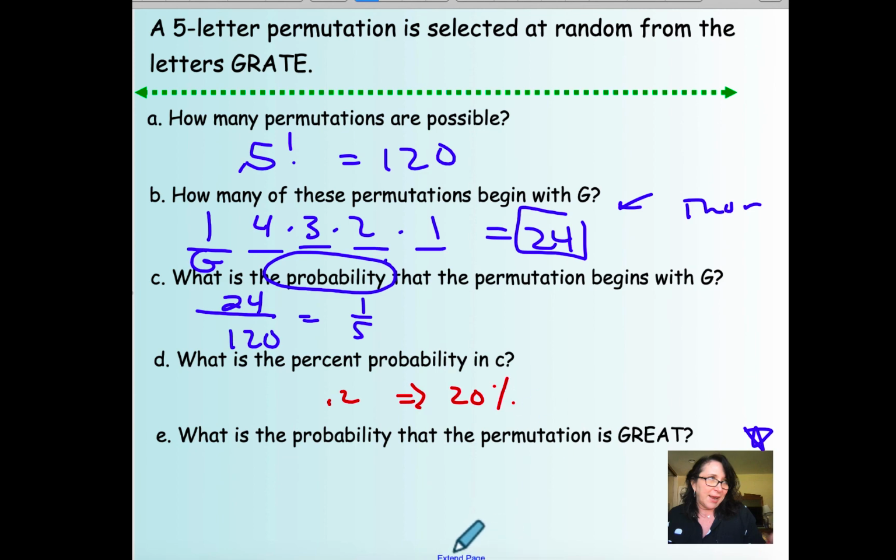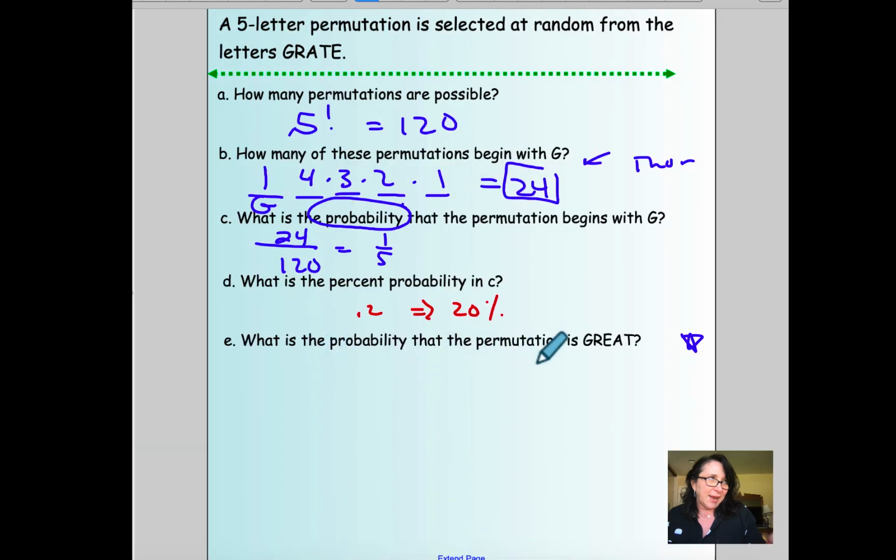And lastly, I want to know what is the probability that the permutation is actually great, spelled like that, which is the same letters when you think about it, but these 2 letters are flipped around. So we have our 5 letters, 3, 4, 5. And so it's just 1. The probability is just 1 out of 120. Because remember, if this letter has to be G, there's 1 option.